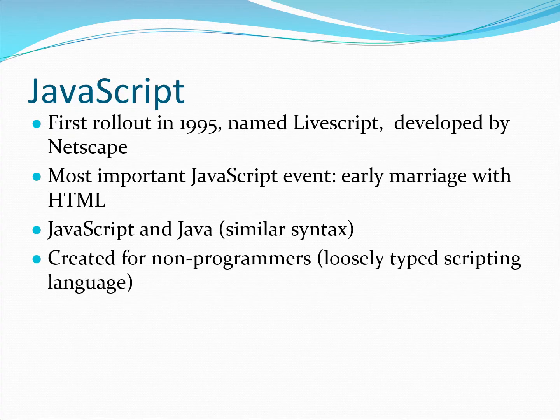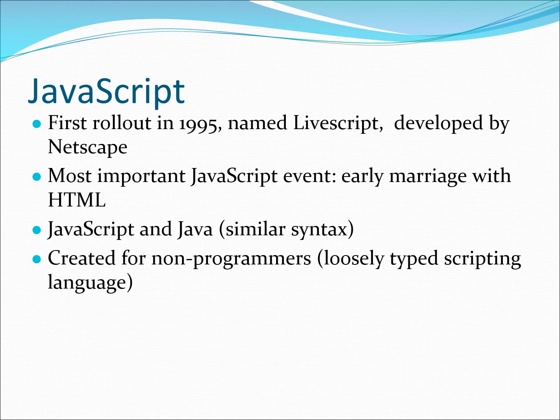We already know about JavaScript. It was first rolled out in 1995, named LiveScript, developed by Netscape. And most important, JavaScript had an early marriage with HTML. So JavaScript with HTML provides interactivity. JavaScript and Java have a similarity in name, but both are entirely different.